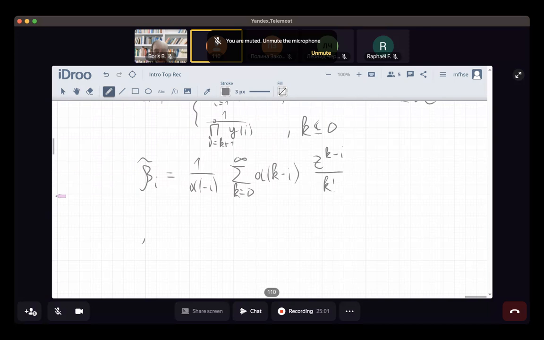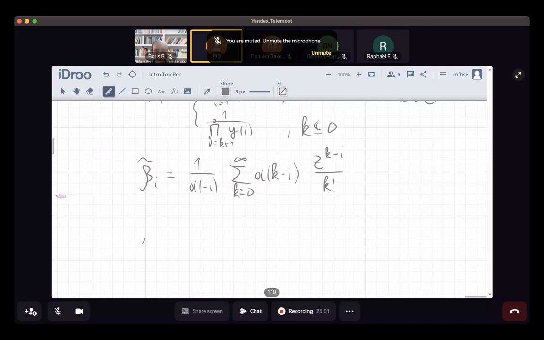But all right, we know so far that this works if we didn't have any coefficients A, right? So now we want to see what happens once we introduce this coefficient A. Once we introduce this coefficient A, what happens?